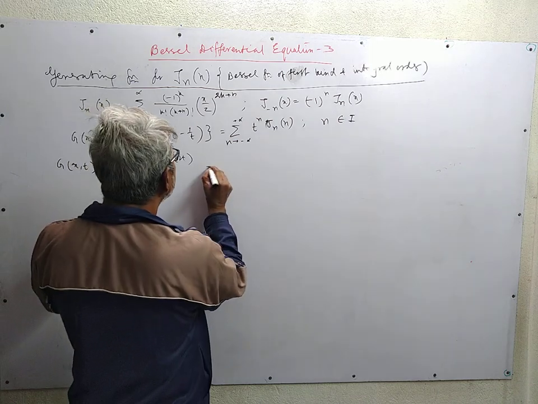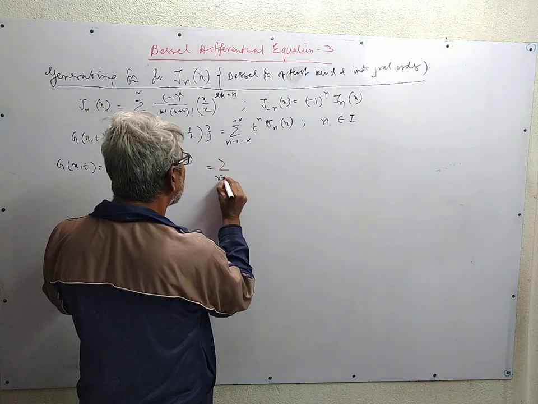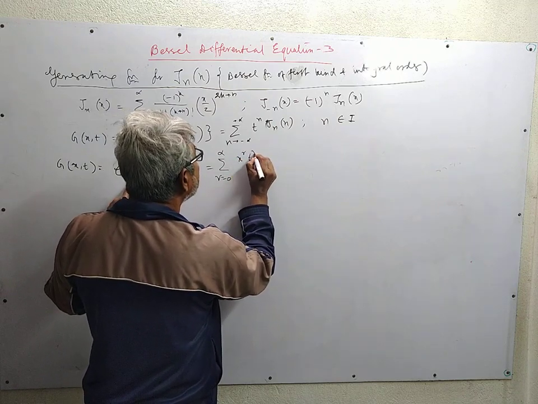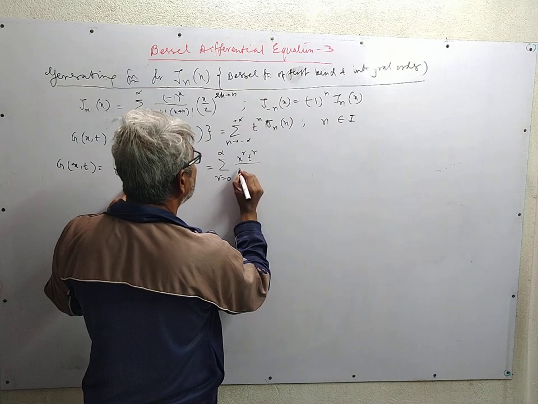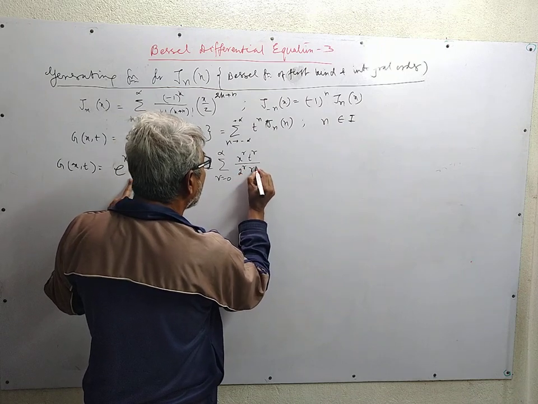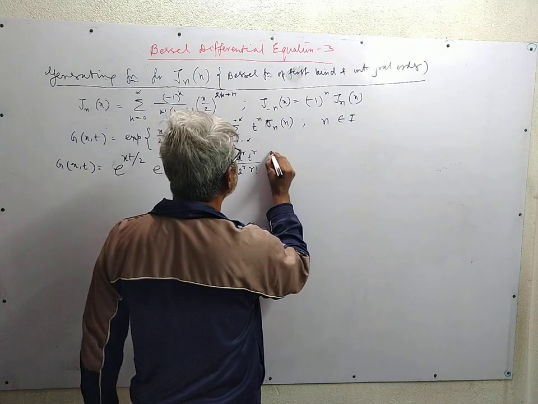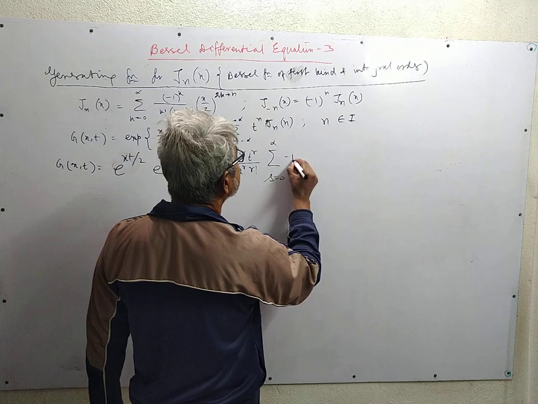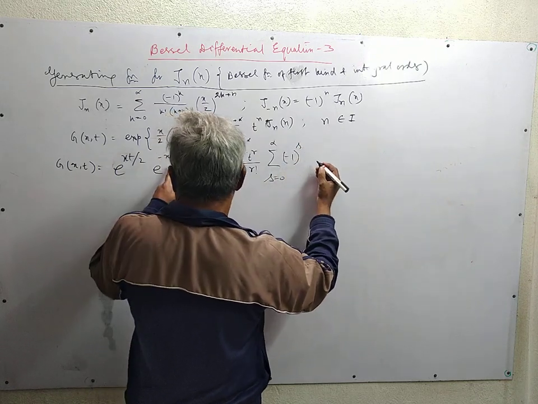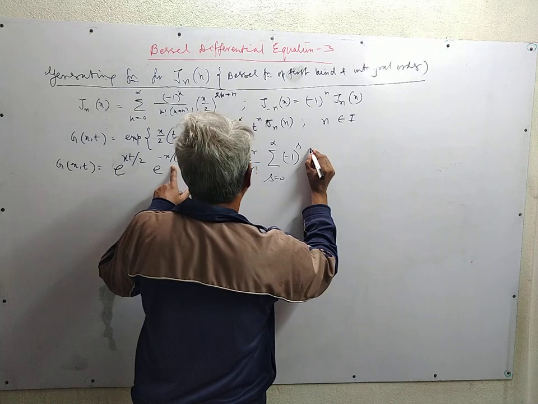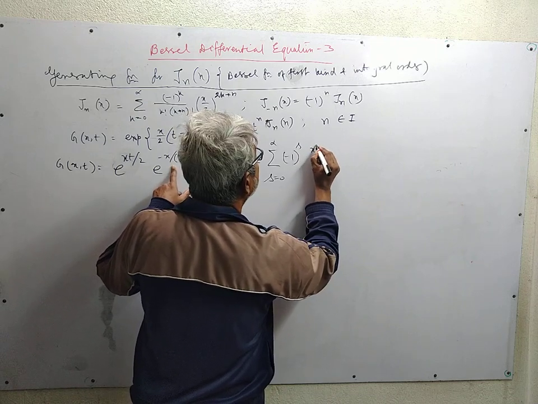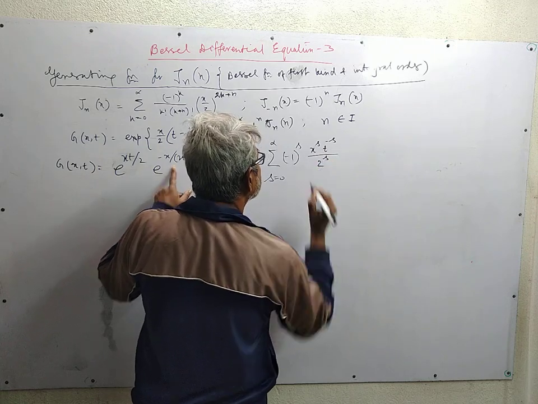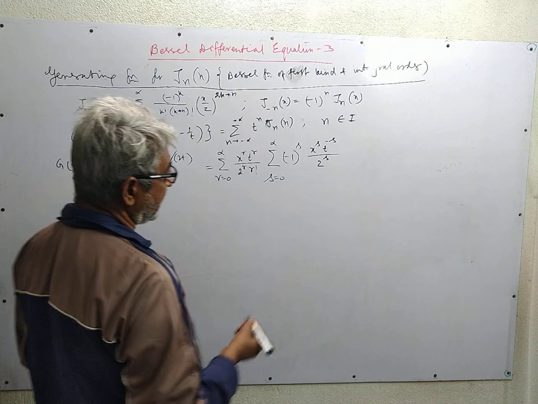For the first one, the Maclaurin series expansion is r ranging from 0 to infinity, x to the power r, t to the power r, over 2 to the power r factorial. And for the second one, it is s running from 0 to infinity, minus 1 to the power s, x to the power s, t to the power minus s, over 2 to the power s and s factorial.